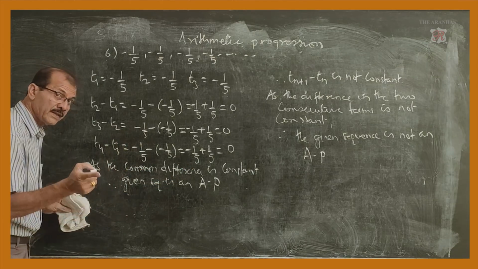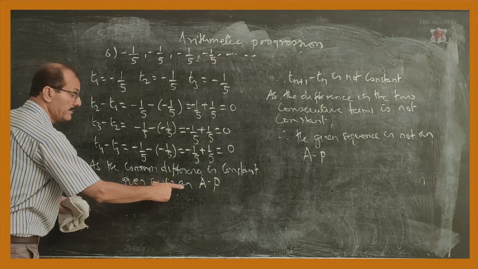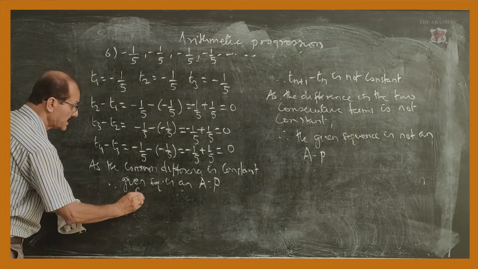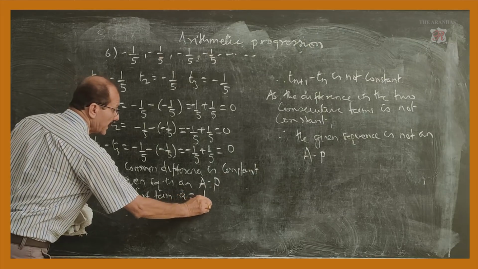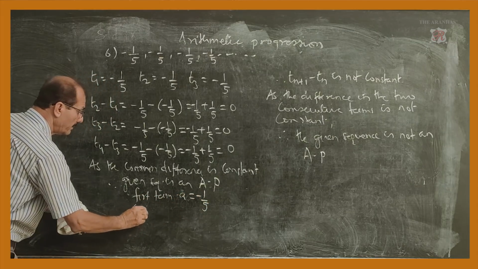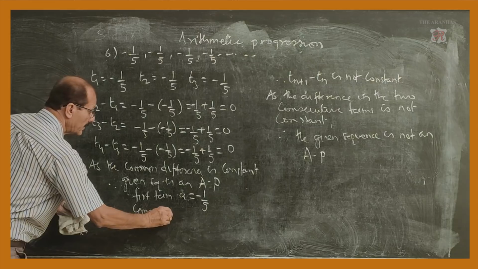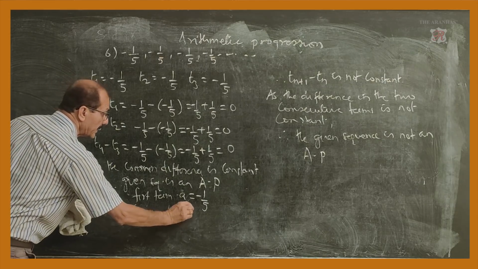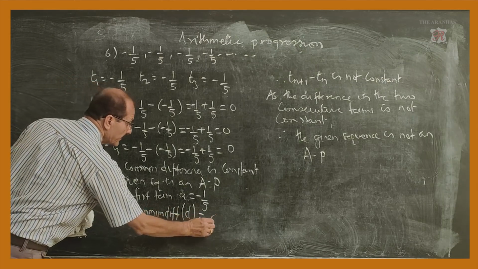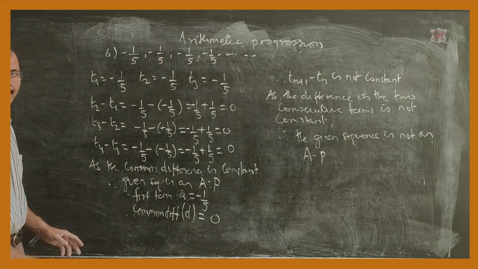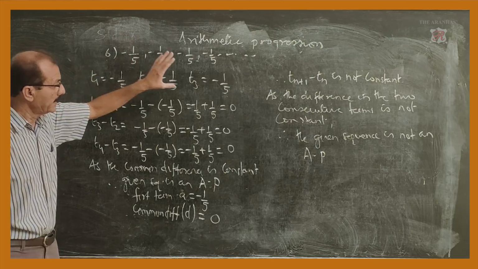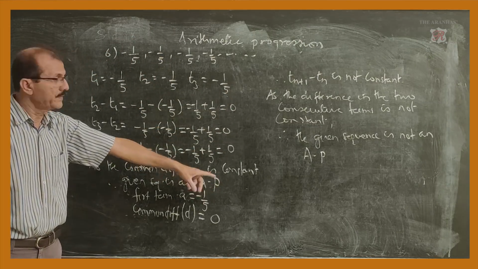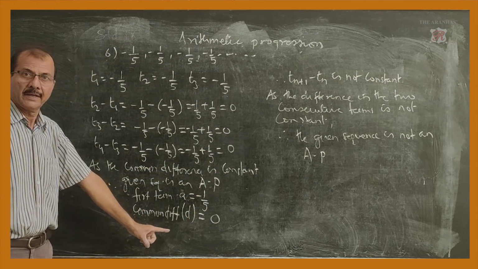Now they asked you to find the common difference. So the given sequence is an AP with first term A equal to minus 1 by 5 and common difference D equal to 0. Is that clear? So first term is my A and D is the common difference, which is 0. Is that clear?